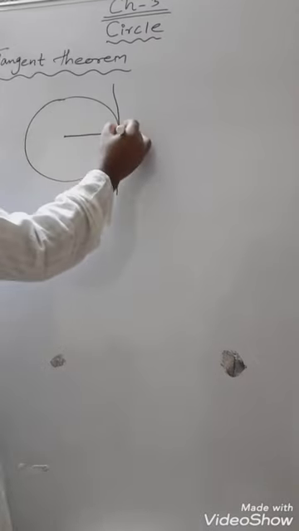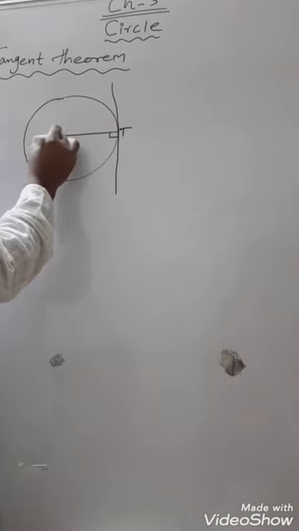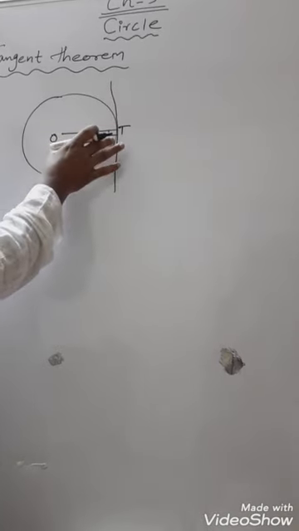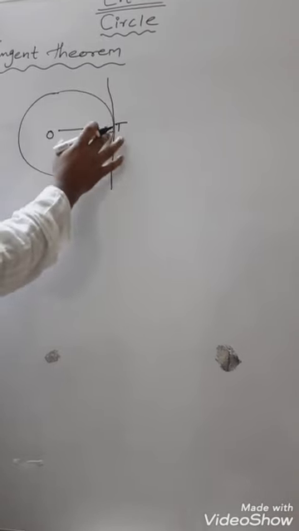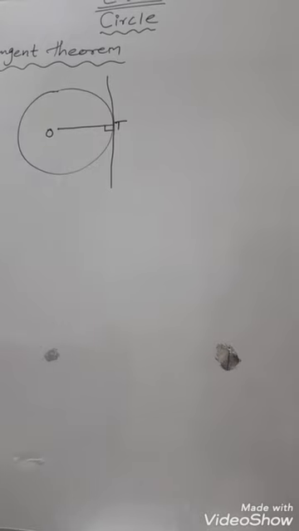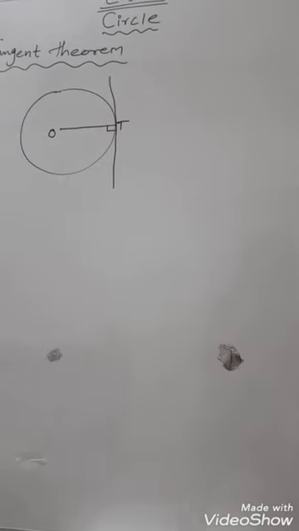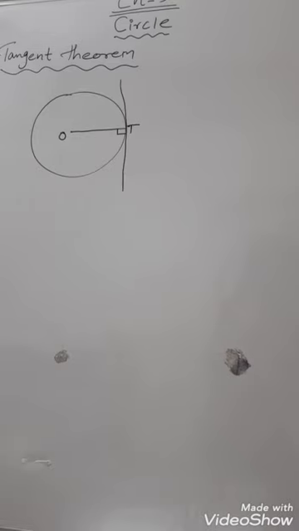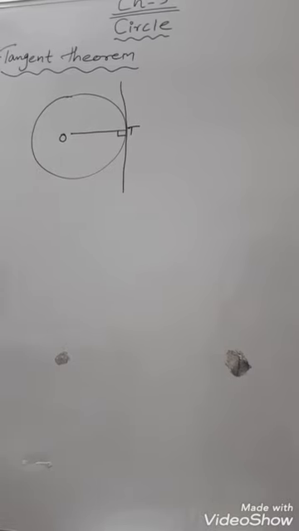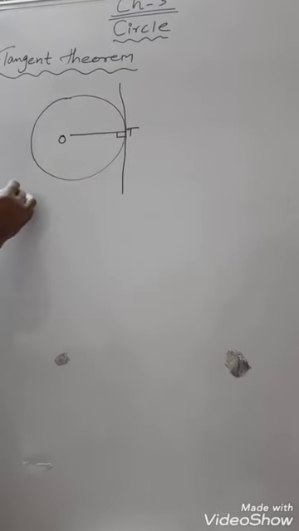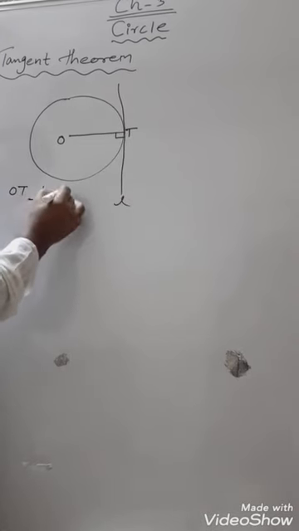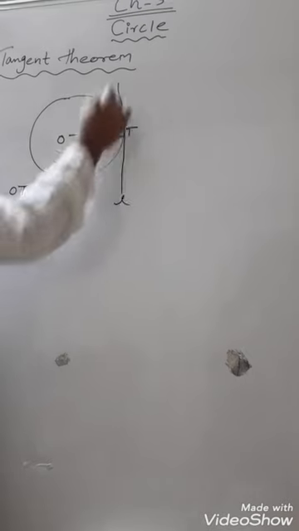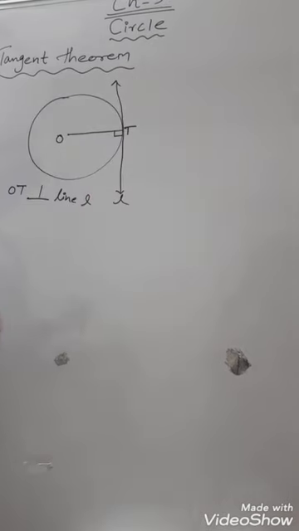Suppose we take this point T as the point of contact. O is the center, so this OT is perpendicular to this tangent. So it always forms a 90. So this one OT is perpendicular to the line L. The line L is a tangent.